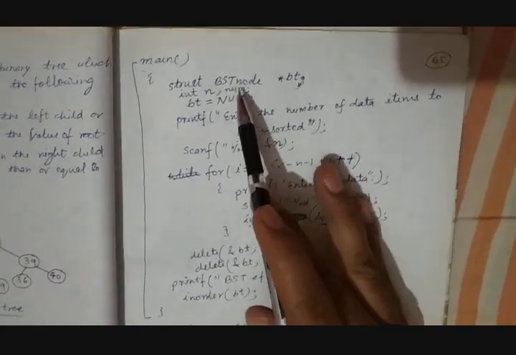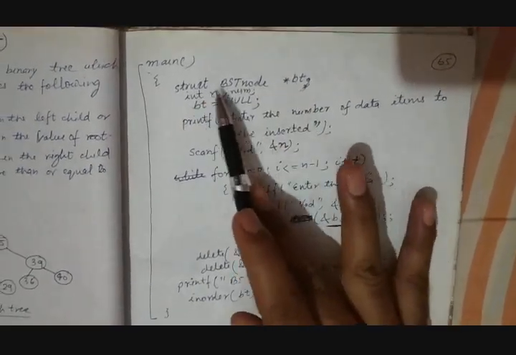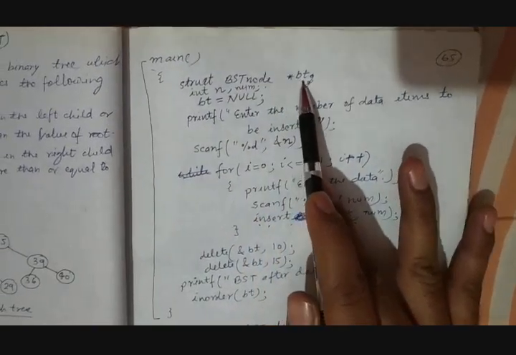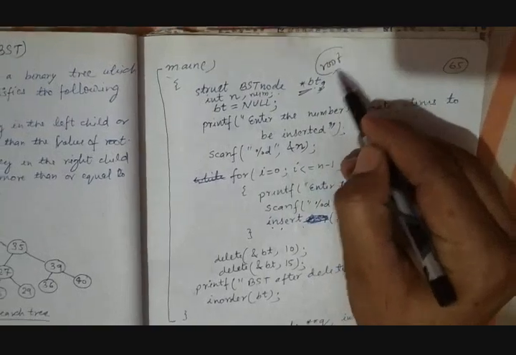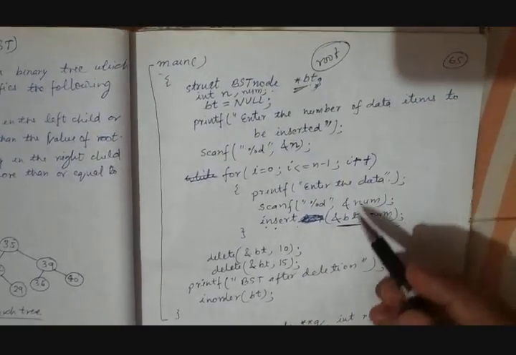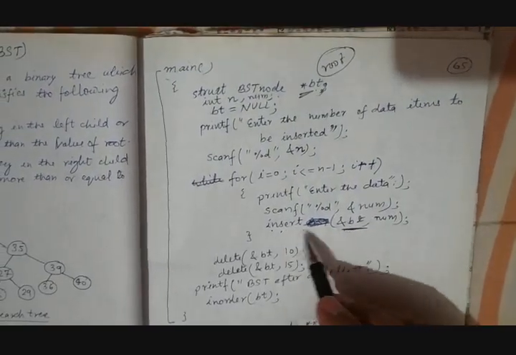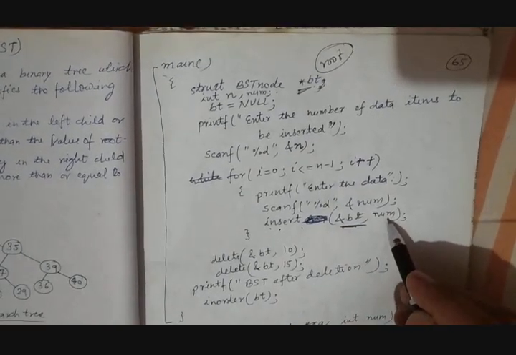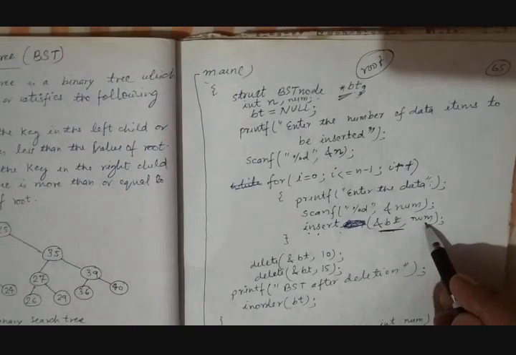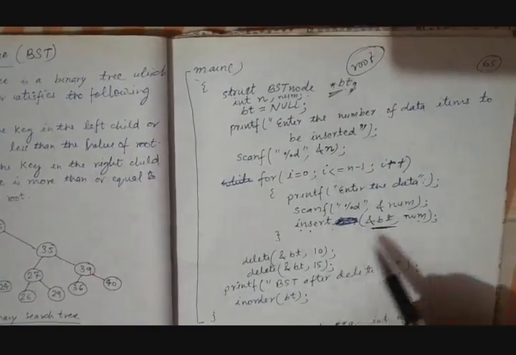What is BT? We have declared struct BST node pointer BT, so basically this will act as the root node of the binary search tree. We are passing the address of this root node, and also the key value which we want to insert in the binary search tree.